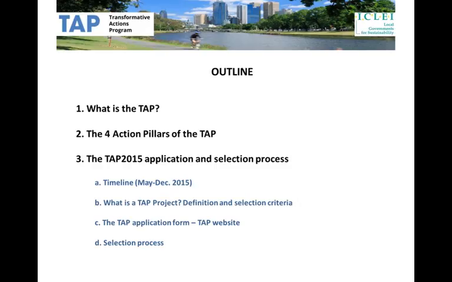This will include information on the timeline of the process, on the selection criteria, on the application form, and on the selection process. Then we will have a question and answer session where you will be able to ask your questions and we'll answer them.